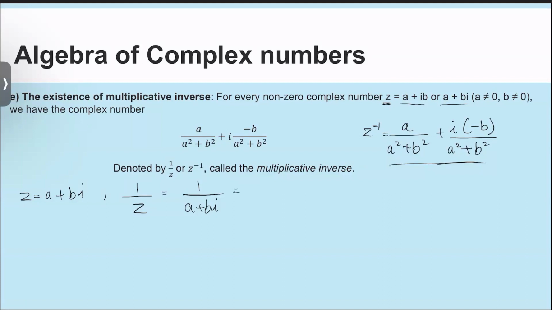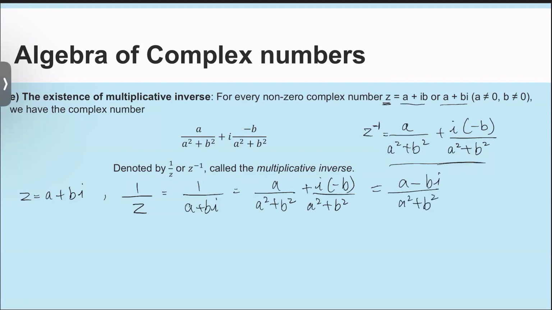So when you write it in terms of a upon a square plus b square plus i times minus b upon a square plus b square, what you are getting is a minus bi upon a square plus b square.